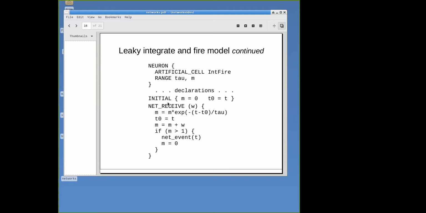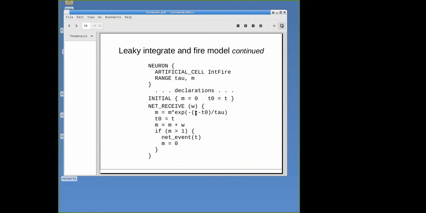Okay, so let's see initialization. At initialization, the membrane state is set to 0, and the time of the most recent synaptic input is set to 0 as well. And let's look at the NET_RECEIVE block, which is called only when an input event arrives. An input event arrives with a weight W at some time t. What happens? M is updated from what it had been the last time the cell received an event by taking that previous value of M and multiplying it by the exponential decay. How much is the exponential decay?